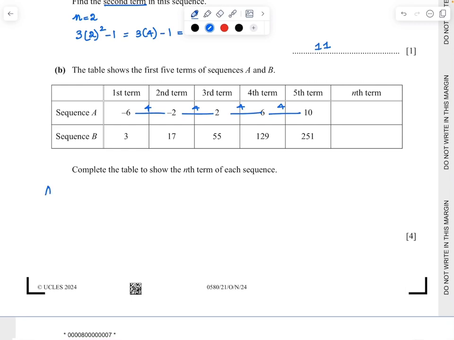So for sequence A, the nth term is given by a_n equals a plus (n minus 1) times d. a is minus 6, the first term in the sequence, plus (n minus 1) times 4.